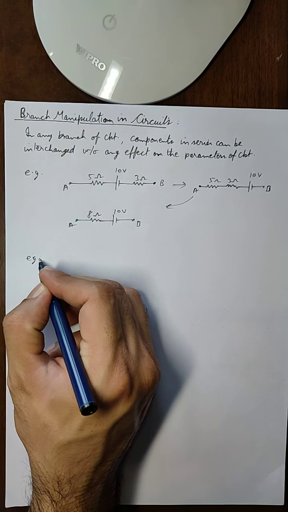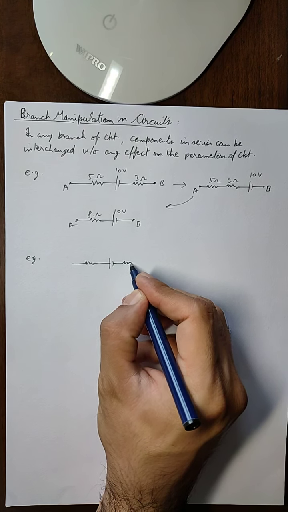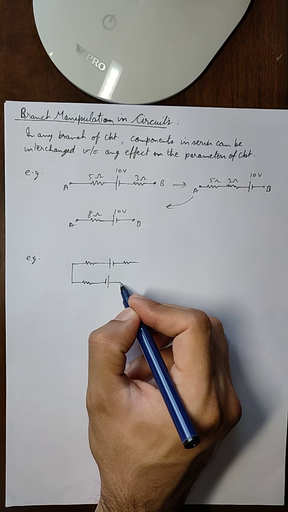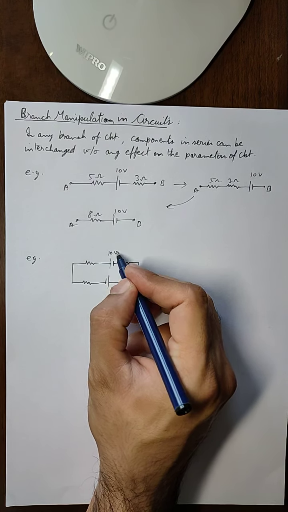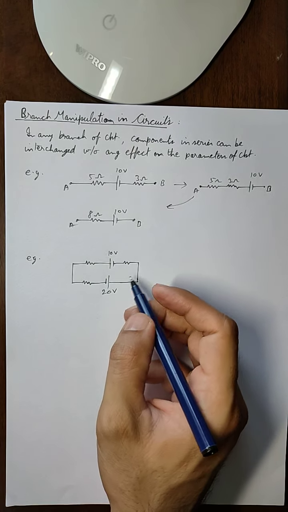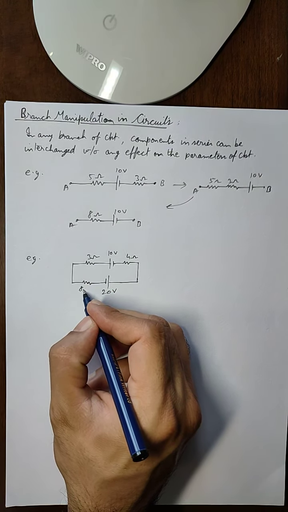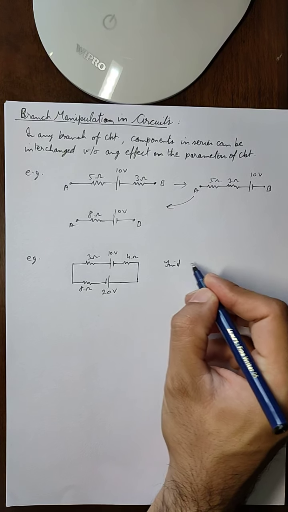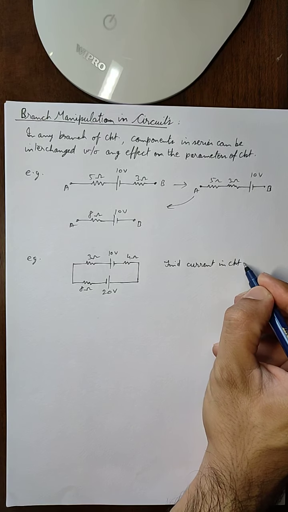We'll take another example. Let us say that we are given this circuit in which we have batteries of 10 volt and 20 volt, and the resistors of 4 ohm, 3 ohm and 8 ohm, and we have to find the current that is flowing in the circuit.